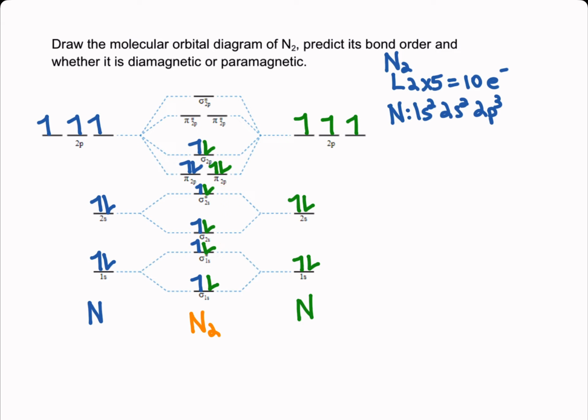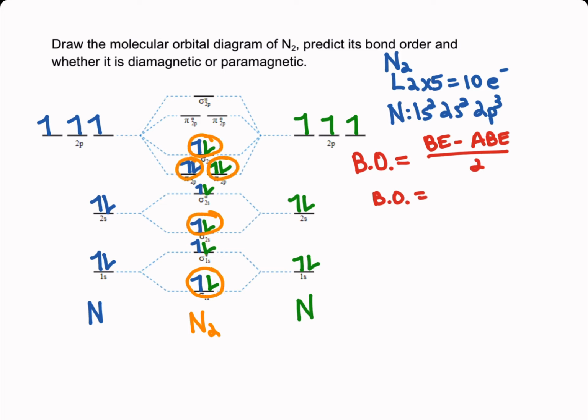The next thing we want to do is determine the bond order. The bond order is bonding electrons minus anti-bonding electrons divided by 2. So the bonding electrons are going to be 2, 4, 6, 8, 10. Anti-bonding electrons, 2, 4.